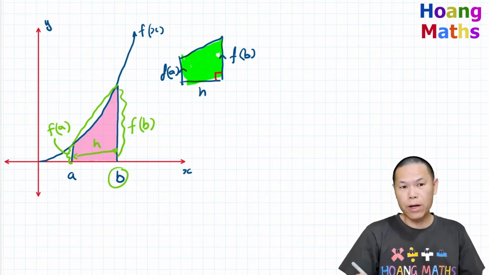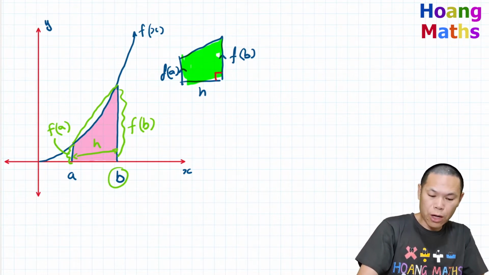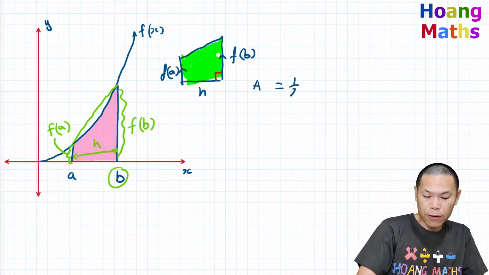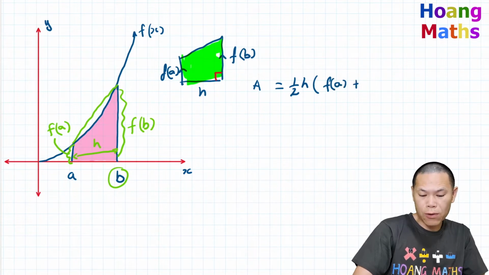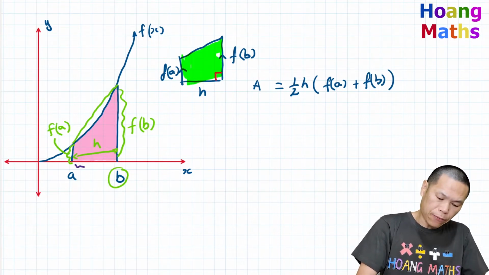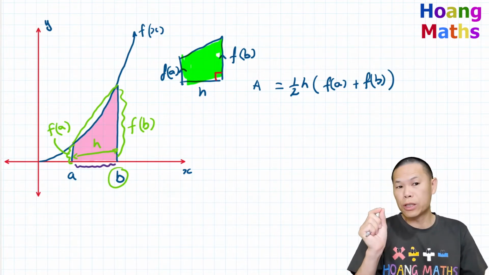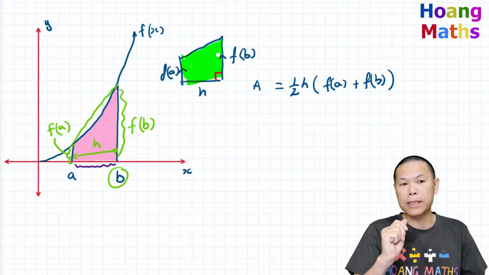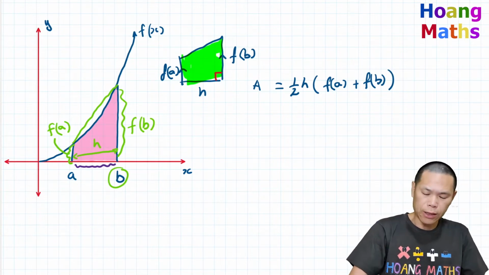To find the area of this trapezium, we know that area is equal to a half of h, and f(a), the two parallel lines, added together, f(b). To find the perpendicular height, we find the length of this, that's h. We simply use b minus a, that will give us the height.